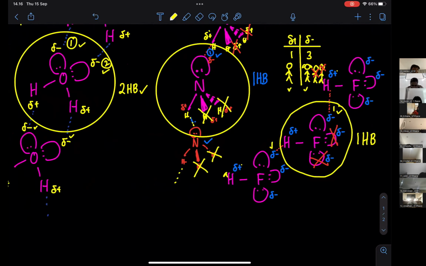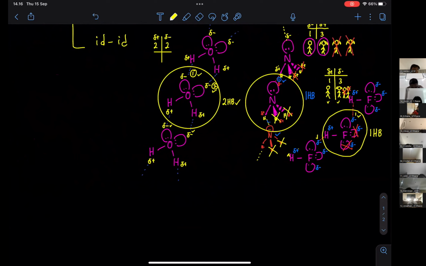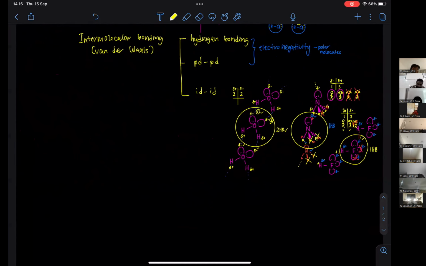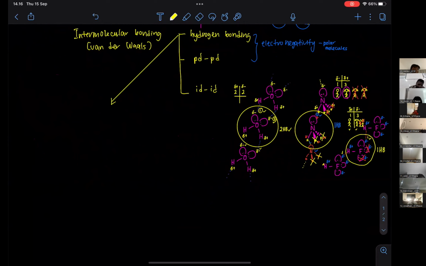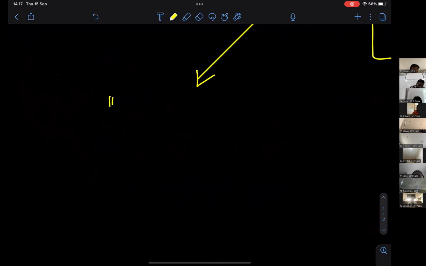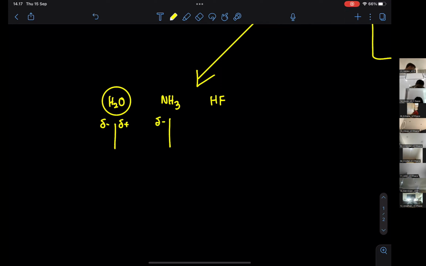In summary, what I'm trying to say is, when it comes to hydrogen bonding in water, ammonia, and HF, on average, each molecule of water, you can recall again, you have delta negative, delta positive, delta negative, delta positive, you have two lone pairs here, so two delta plus.